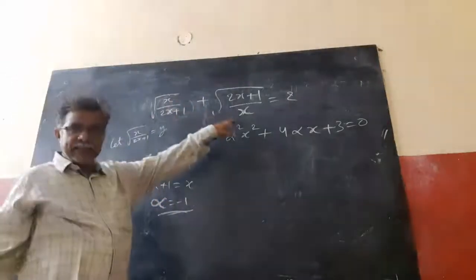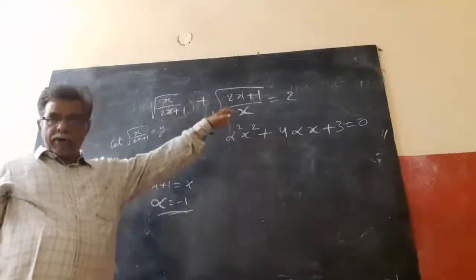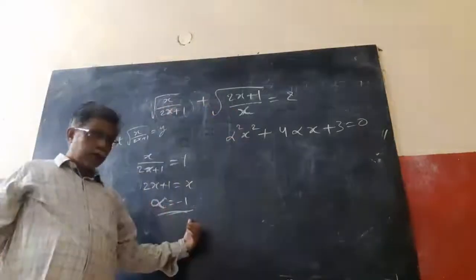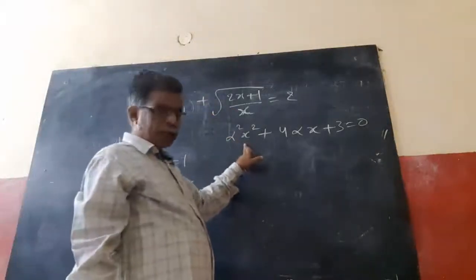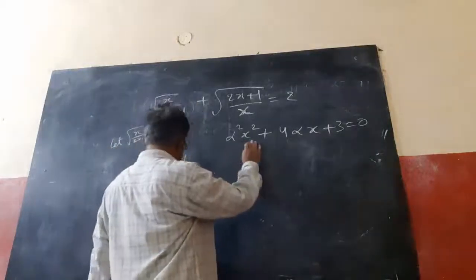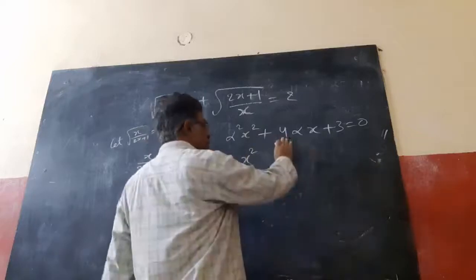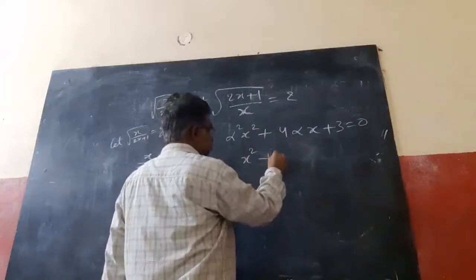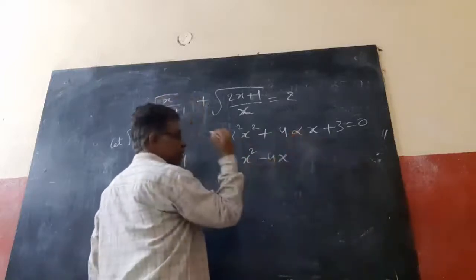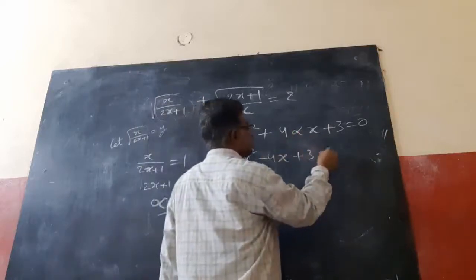Now if I substitute minus 1 here, alpha square x square becomes minus 1 square x square, means plus x square, plus 4 alpha x means minus 4x because alpha is minus 1. So minus 4x plus 3 equal to 0.